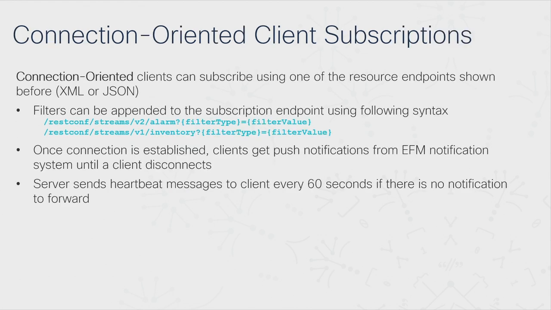Here we have an example of a filter format for the connection-oriented. When you subscribe using the connection-oriented option, the connection is kept on, and the system will stream inventory and or alarm notifications until the client disconnects. And by the way, we have a keep alive that checks the connectivity every 60 seconds.